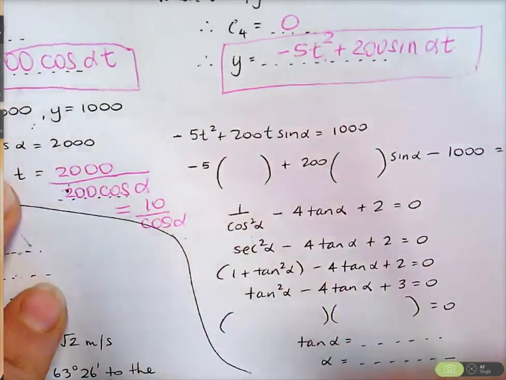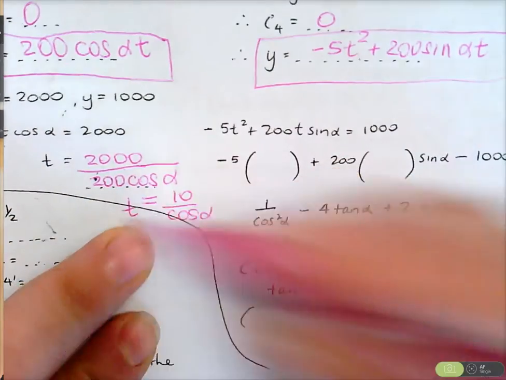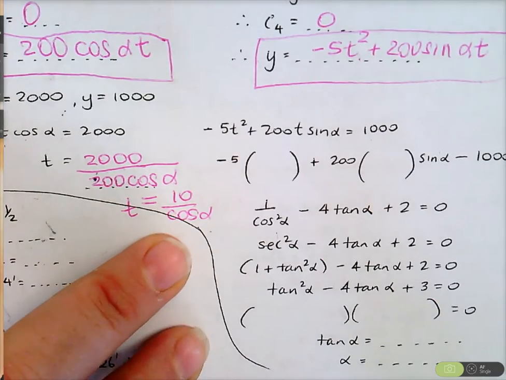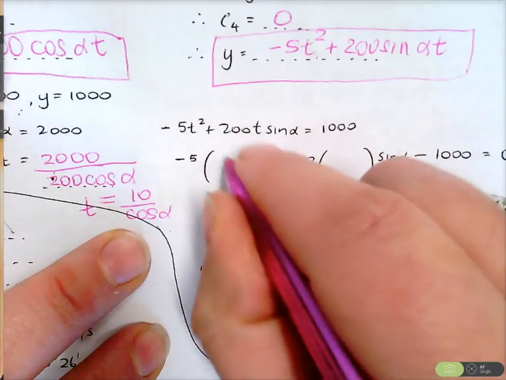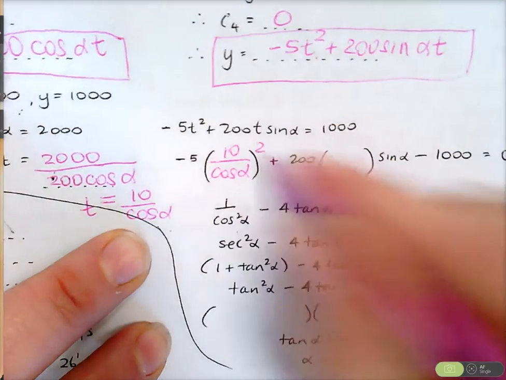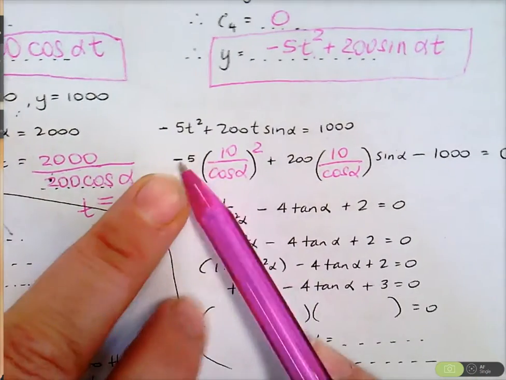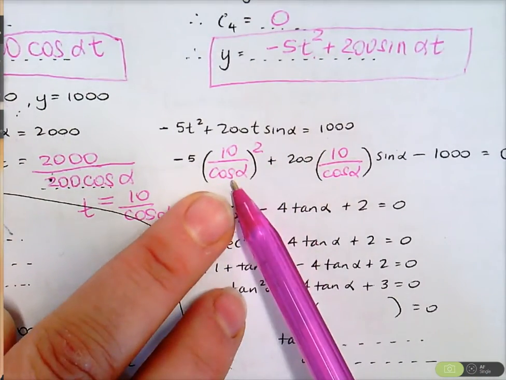Now we know the particular time we want is here. Time is 10 over cos alpha. Does this make sense? So we go 10 over cos alpha squared. So we've got negative 5t squared.